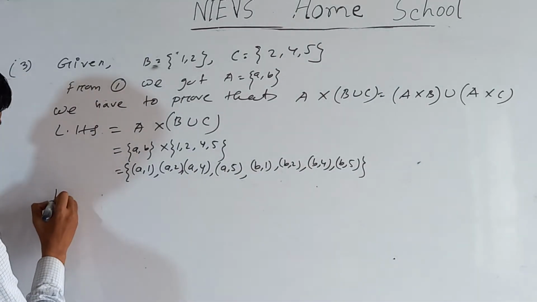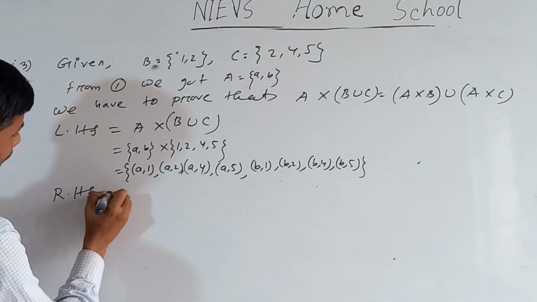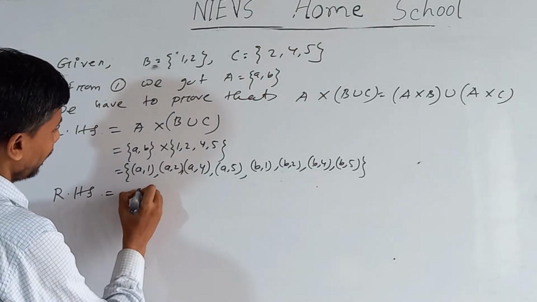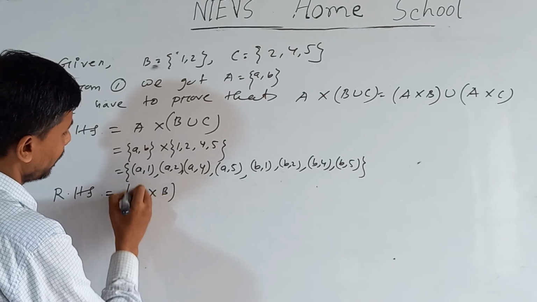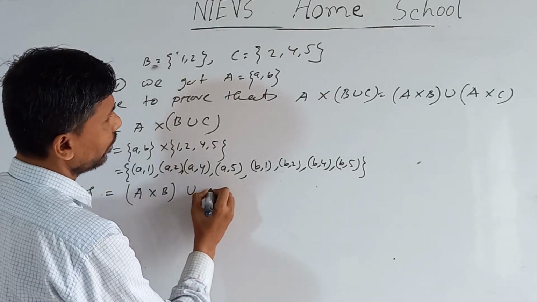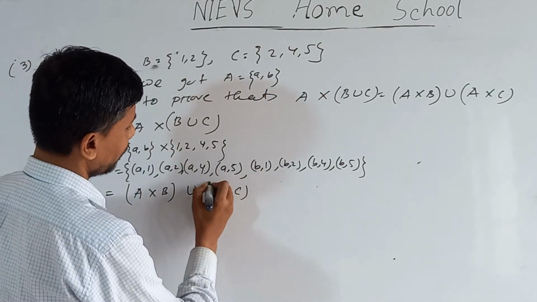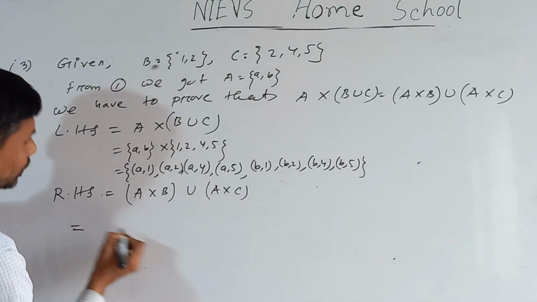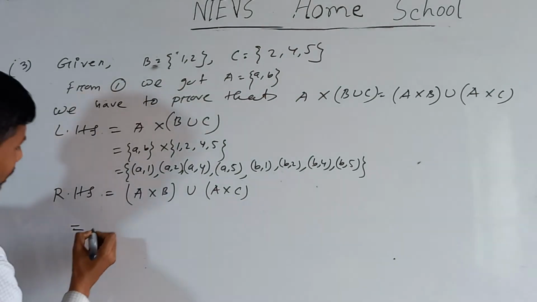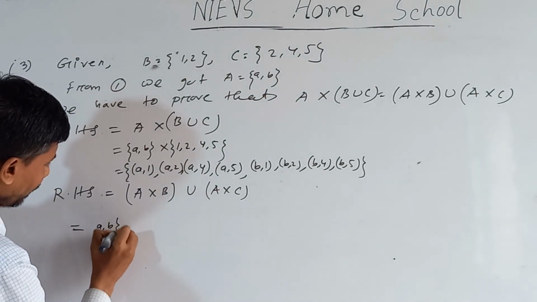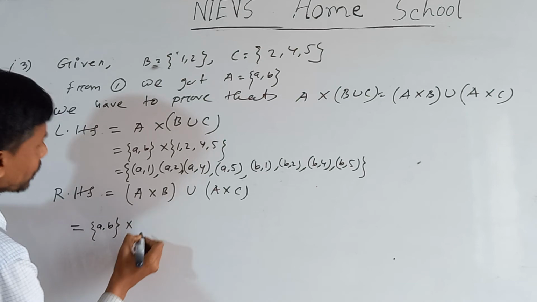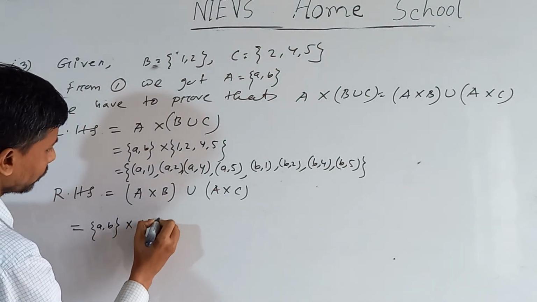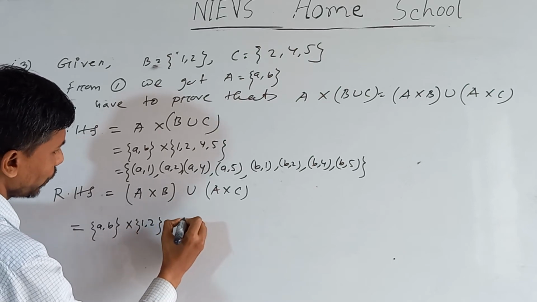Now the right hand side: A cross B union A cross C. A means {a, b}, cross B set means {1, 2}.